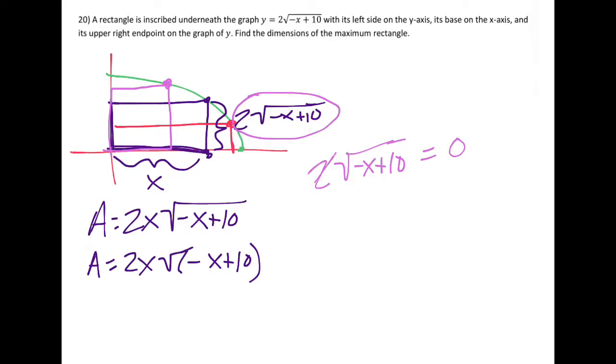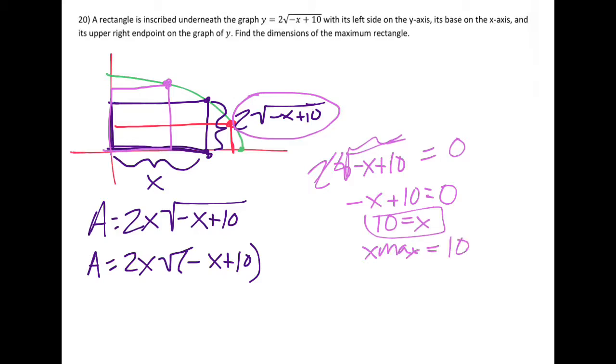Let's then square both sides. Okay, well, 0 squared is still 0, so that square root's gone. So really, all that matters is what's inside the square root. So we have negative x plus 10 equals 0. So add x to both sides to get 10 equals x. That's telling me that my x maximum on my window should be 10.